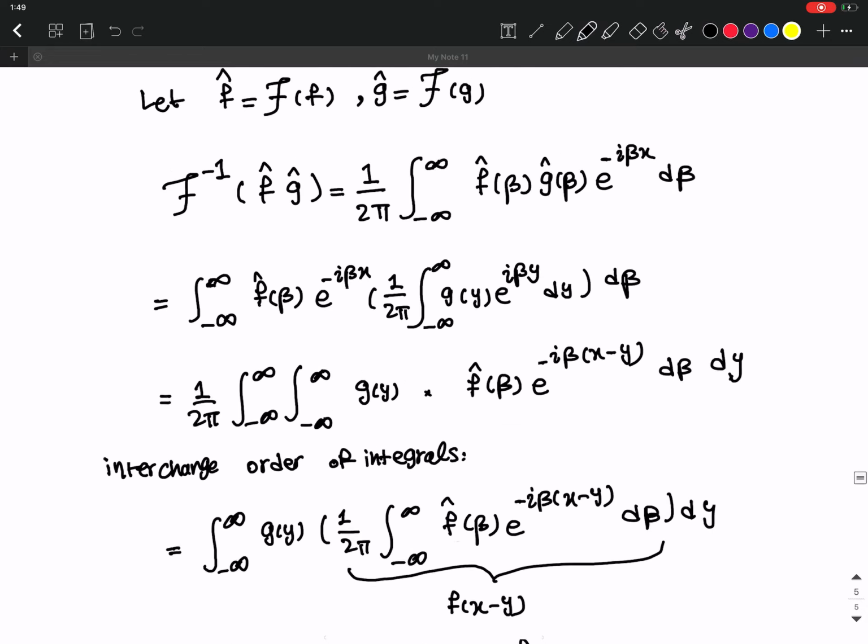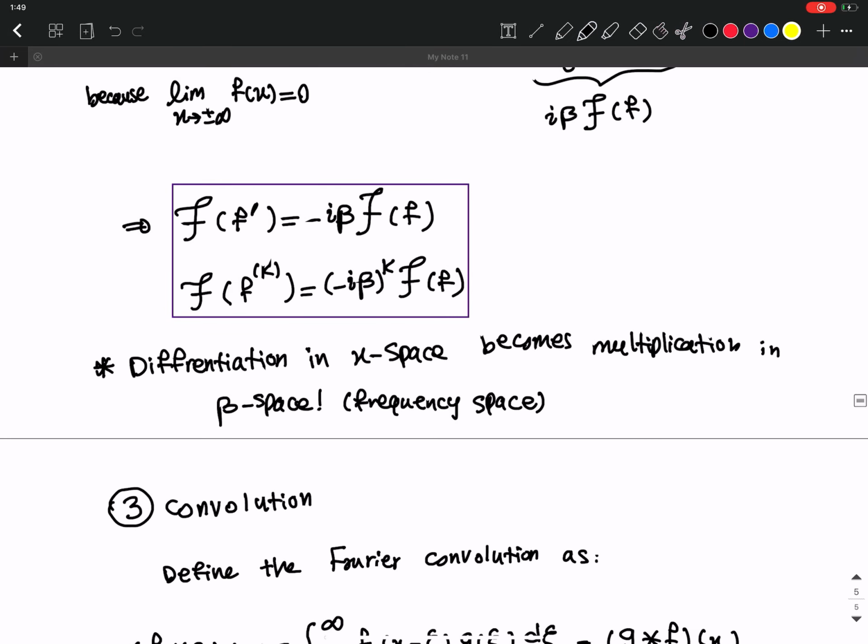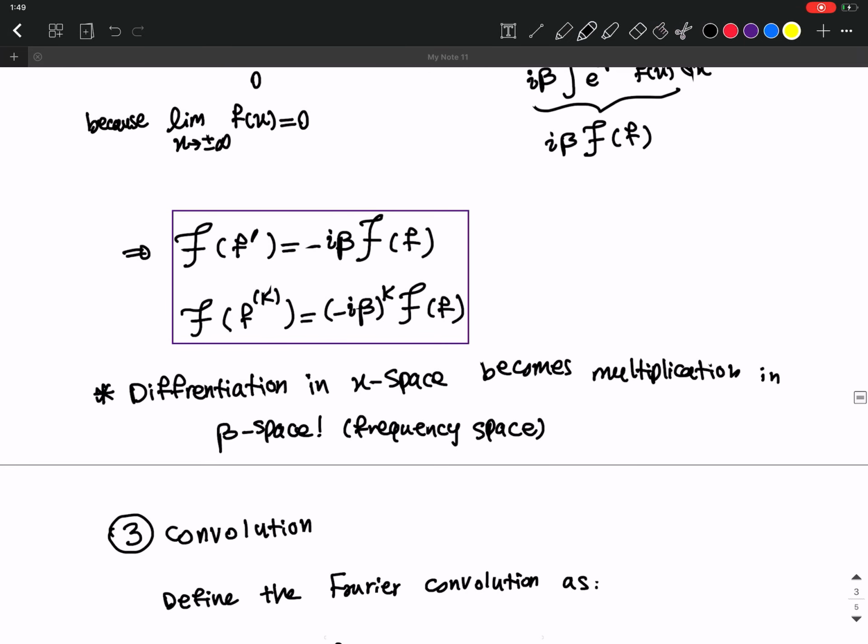So as we saw, differentiation in the regular space becomes multiplication in the Fourier space, right? So let me write it down in other ways. Here, the other way of writing it is (minus i beta) to the power k times f hat, right?